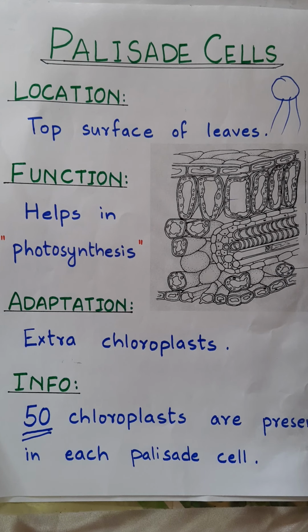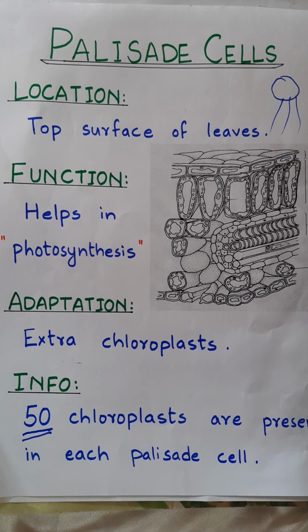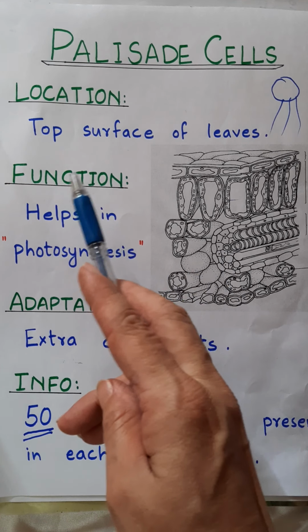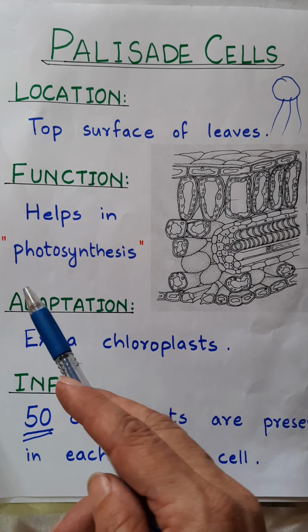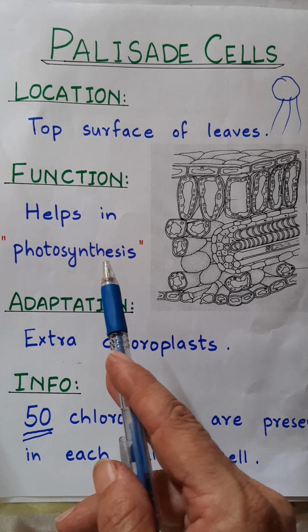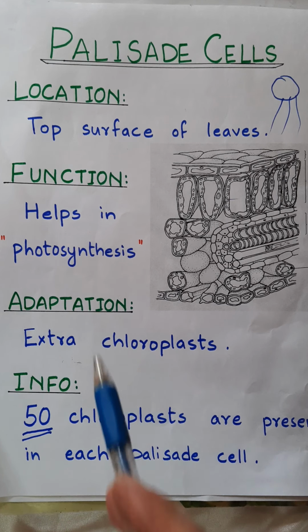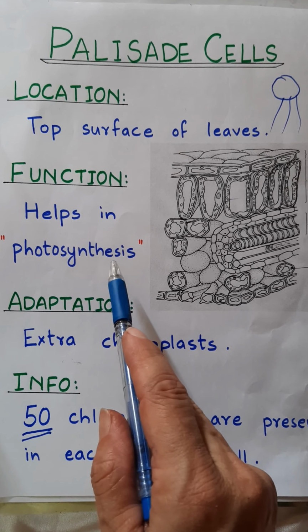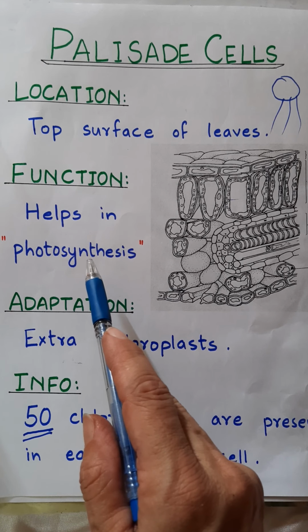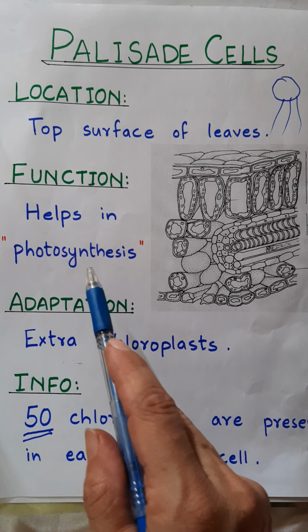Palisade cells are plant specialist cells. Where are they found? They are found on the top surface of the leaves. What is their function? They help in the process of photosynthesis. Remember the process of photosynthesis? Photosynthesis is the process by which plants make their own food from carbon dioxide and water in the presence of sunlight energy.